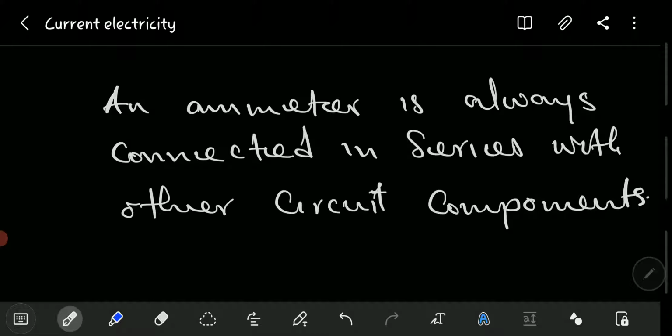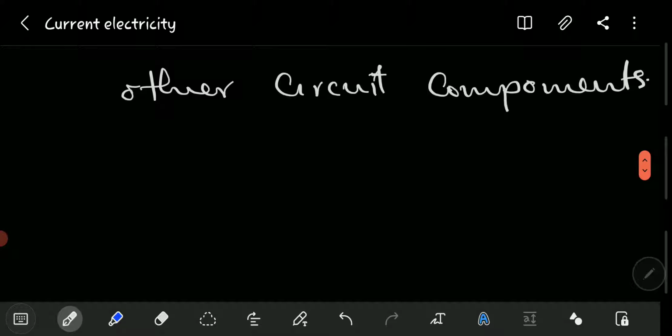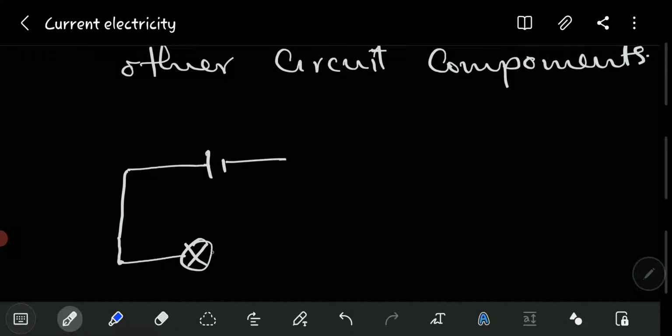Let's say we have a circuit, okay, comprising of a cell. To this cell, a lamp is connected. In this circuit, a lamp is connected.